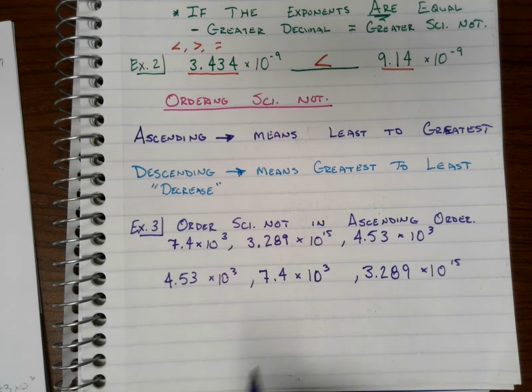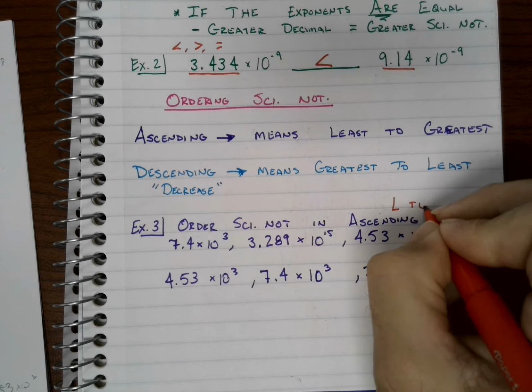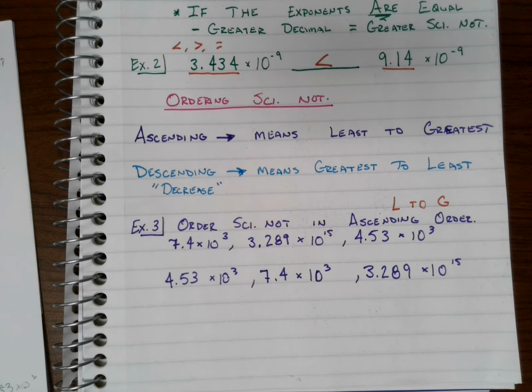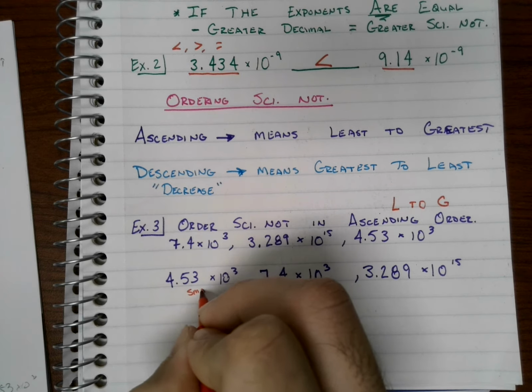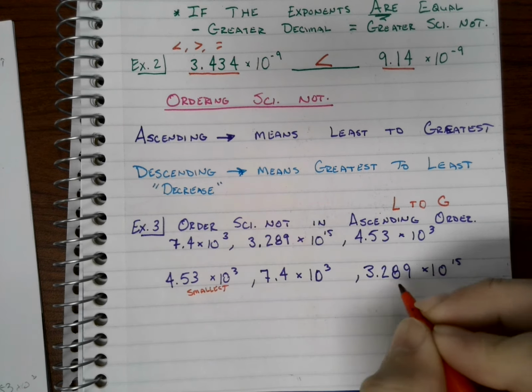And we've ordered those in ascending order, okay? Ascending order meaning least to greatest. So this was my smallest, and this was my largest.